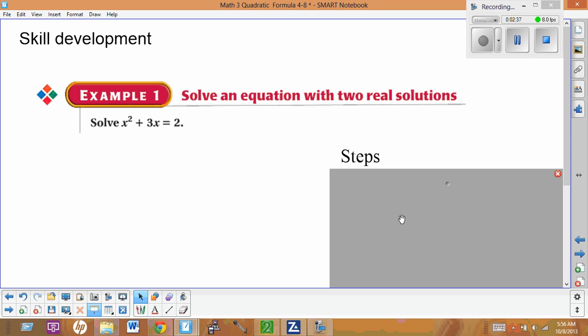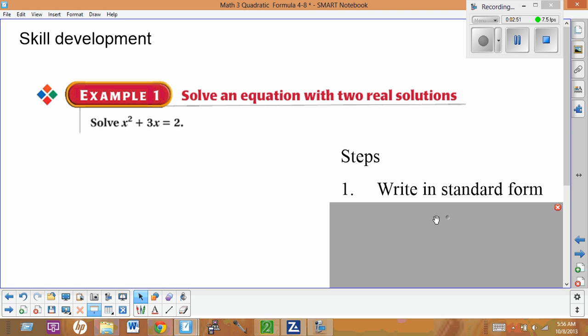Here's the first example. We have to solve x squared plus 3x is equal to 2. The first thing we want to do is write it in standard form. It doesn't really matter what method we're using, except maybe the square root method, but we always seem to want to set them equal to 0, in standard form.